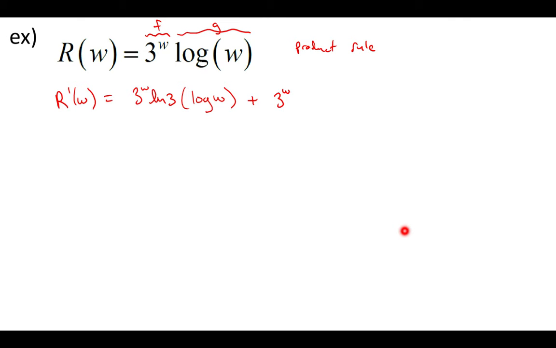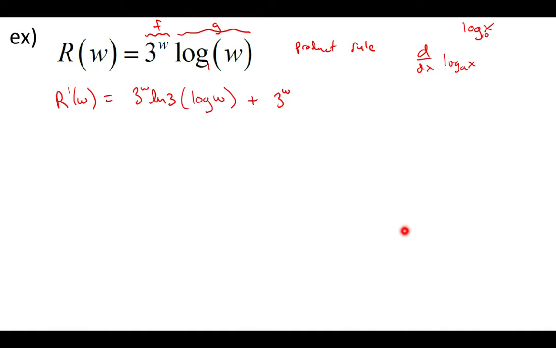And then we have the derivative of log of w. Now notice in the rule, the derivative of log base a of x, there is no a there, right? There's nothing there. You might want another refresher here. If you just have a log x, or in this case log w, there's actually an invisible 10 right there.